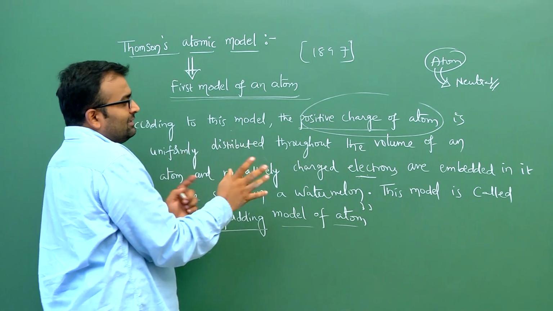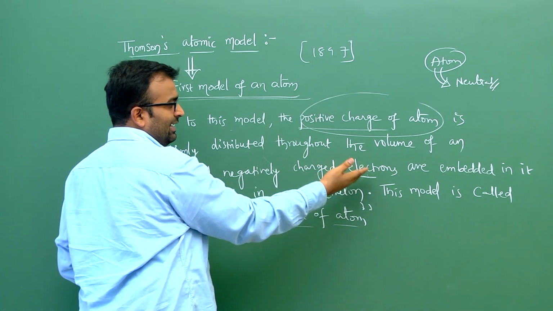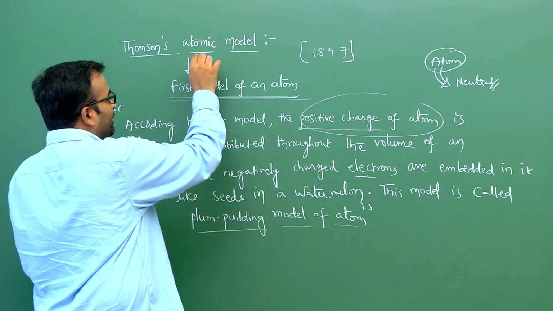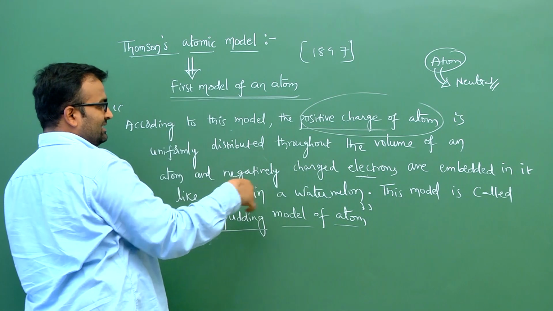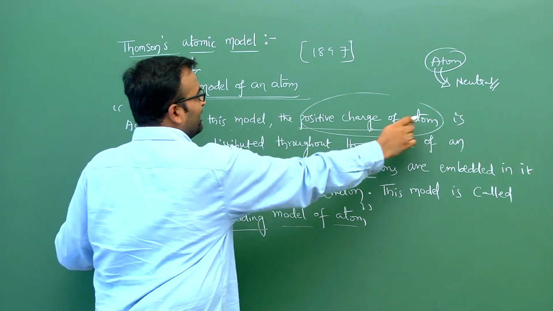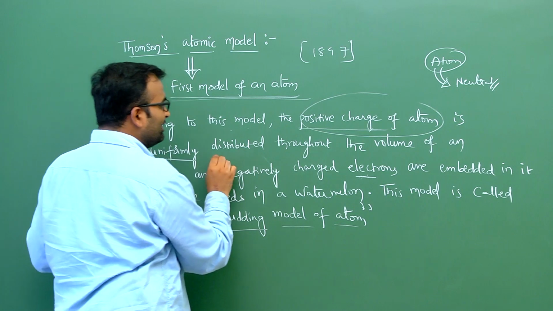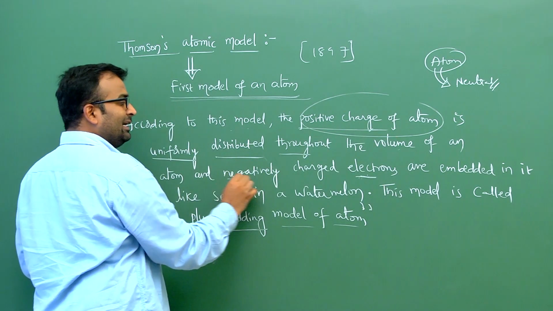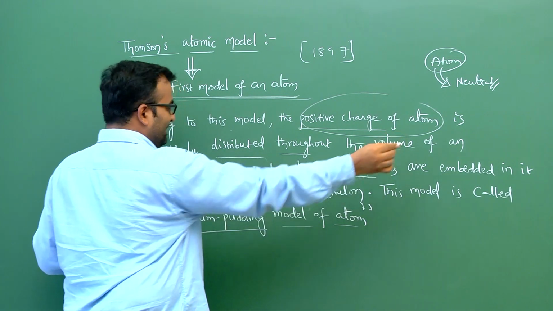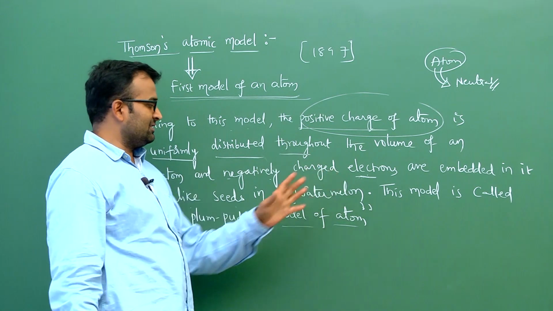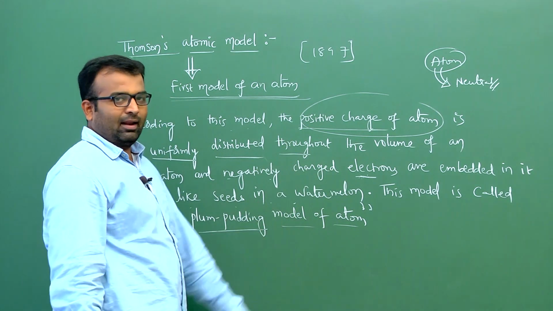And how the negative charge, the electrons, and the positive charge got distributed within the atom, according to his view, is as I have written here. According to this model, the positive charge of the atom is uniformly distributed throughout the volume of the atom, and negatively charged electrons are embedded in it like seeds in a watermelon, and hence this was said to be the plum pudding model.